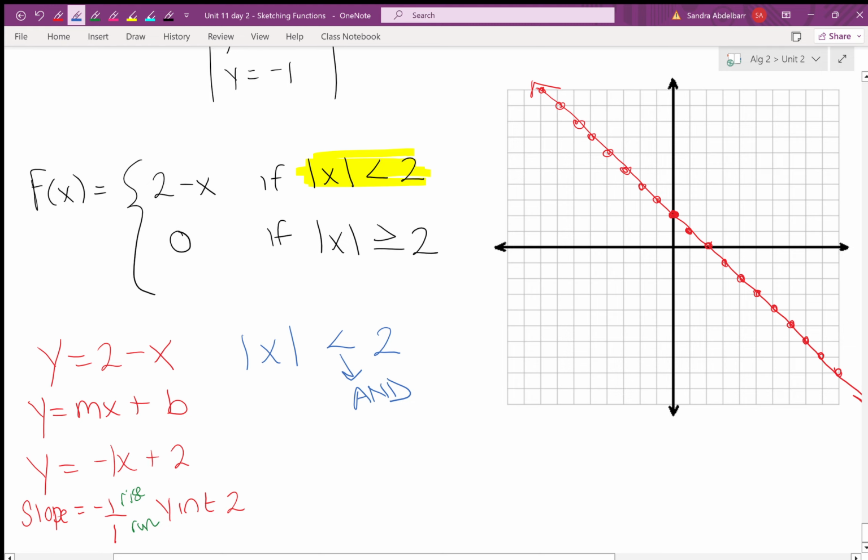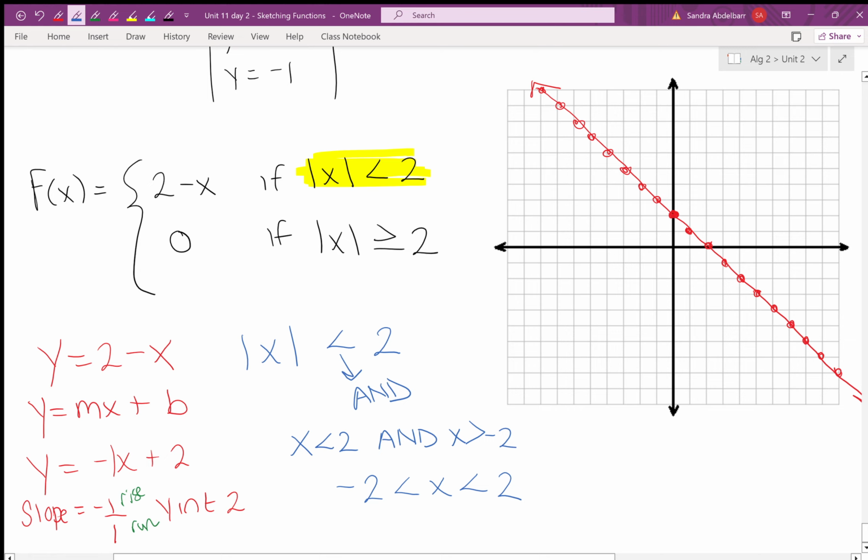This means x is less than 2 and x is greater than negative 2, which can also be written like this: negative 2 is less than x, which is less than 2. It's between that interval, between negative 2 and positive 2.